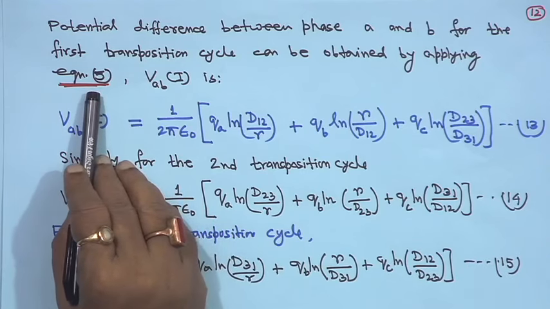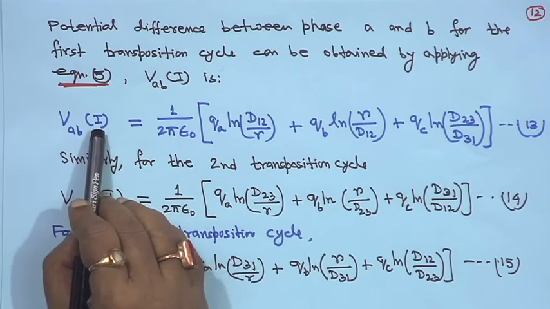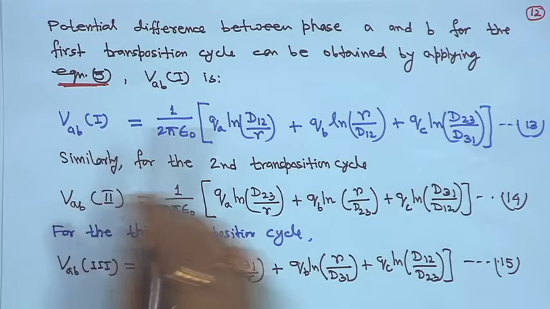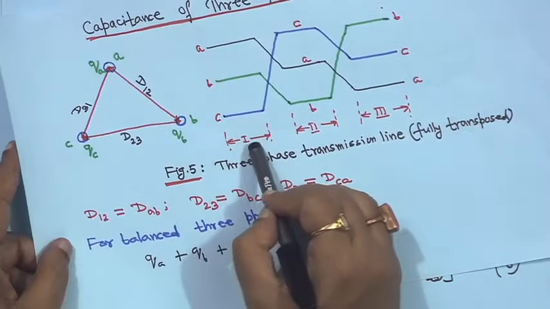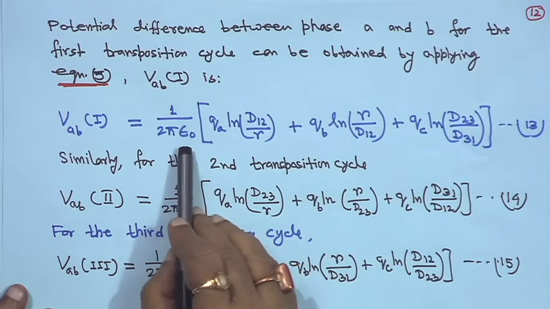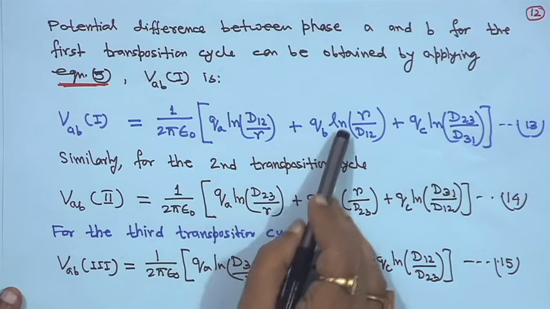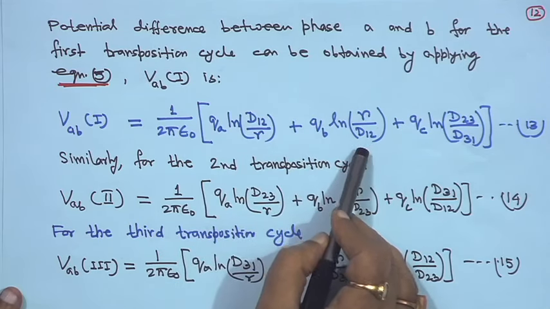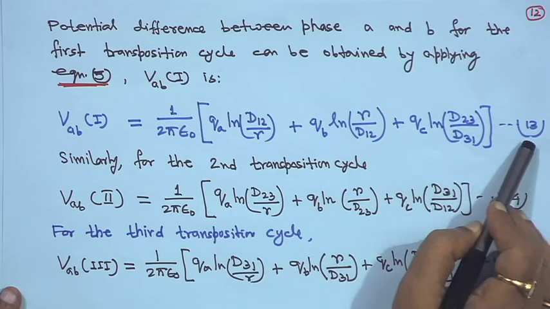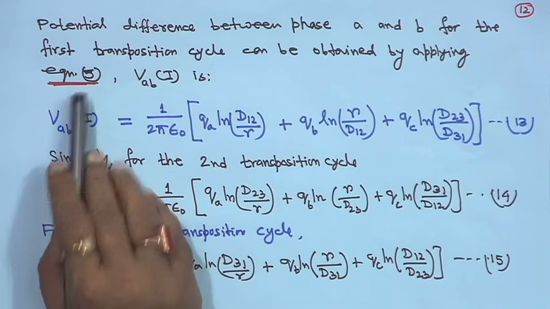Therefore, VAB in bracket I, this I does not mean current, it means section 1, is equal to 1 upon 2 pi epsilon 0 times QA ln D12 by R plus QB ln R by D12 plus QC ln D23 upon D31. This is equation 13, but it is the same equation 5, the generalized equation, that we are applying.